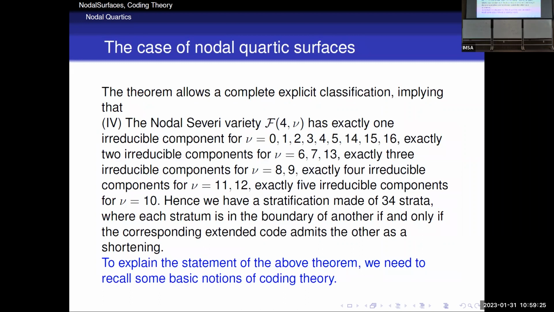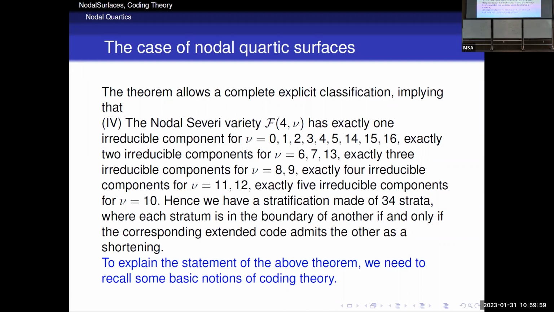It's interesting that for quartics, if the number of nodes is between 0 and 5 or between 14 and 16, there is exactly one irreducible component. But like in this genealogical tree, if nu is between 6, 7, and 13, there are 2, 3 components, for number of nodes 8 and 9 more, and for nu equals 10, you have 5 irreducible components.